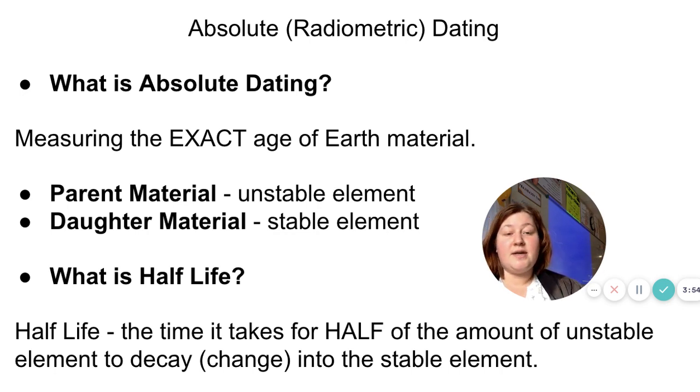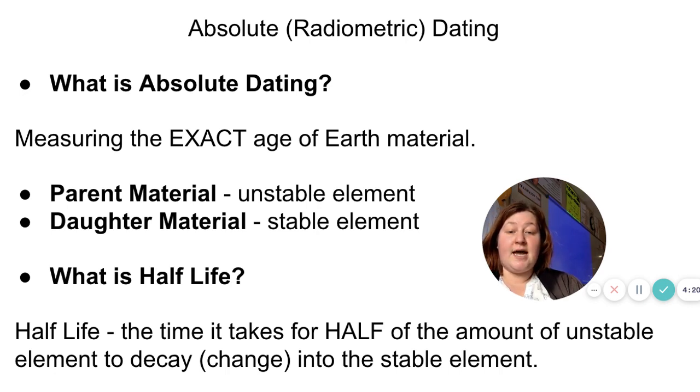Now, elements always want to become stable. They don't want to stay unstable. So over time, we will see that parent material break down into its daughter material, so it becomes a more stable element. And this is actually what half-life is. So what is half-life? Half-life is the time it takes for half of the amount of unstable element to decay or change into the stable element.